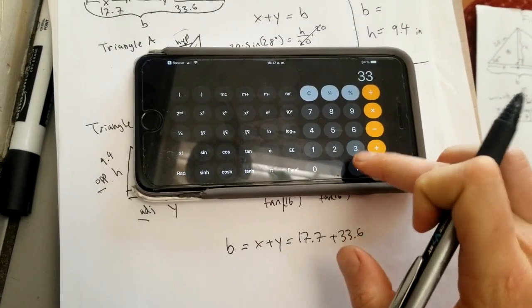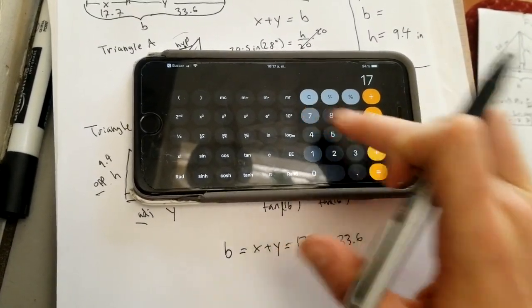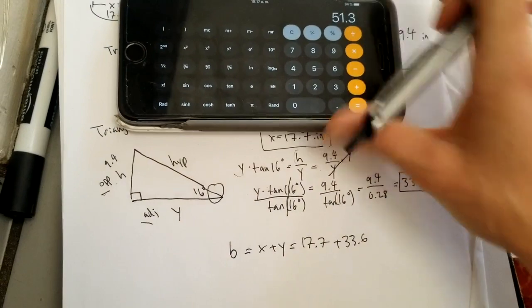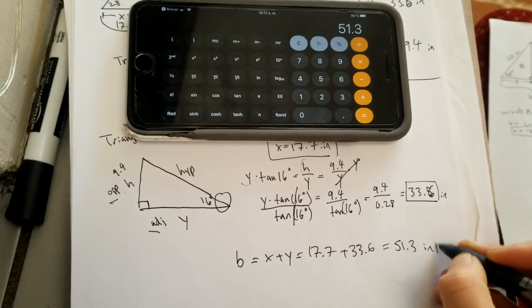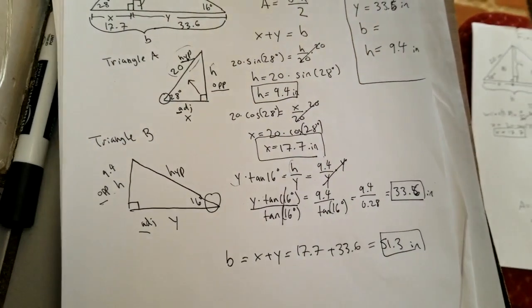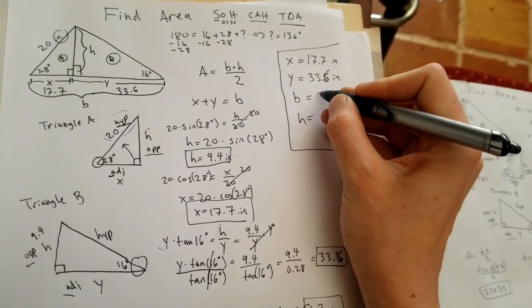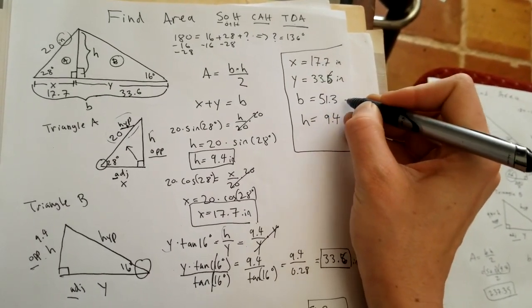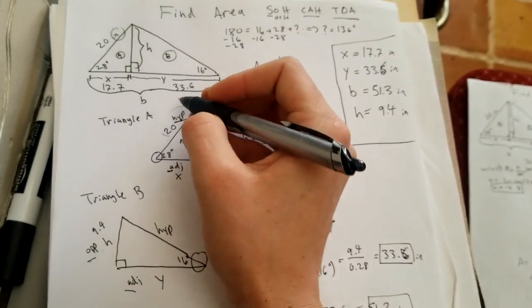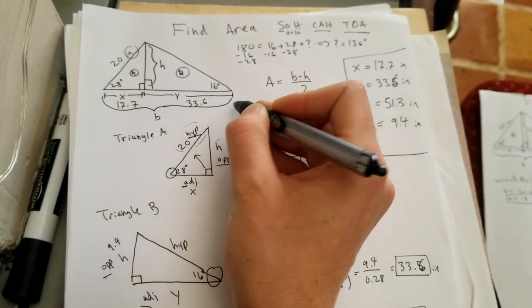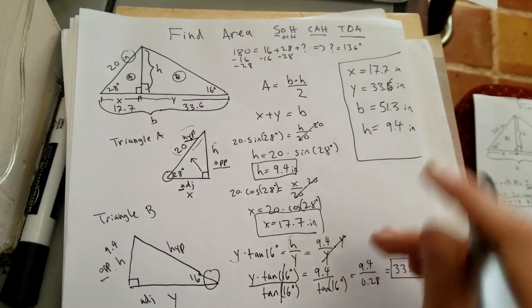So I'll take 33.6 and I'll add it to 17.7. And I get that b is equal to 51.3 inches. And I'm going to box it. And I'm also going to put it over here in my answer box. So notice that this whole base now is 51.3.